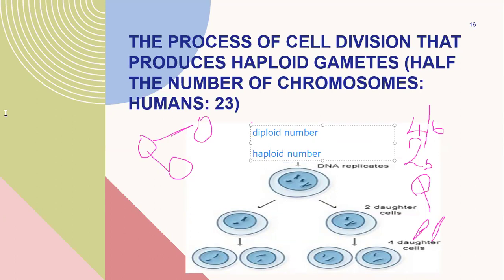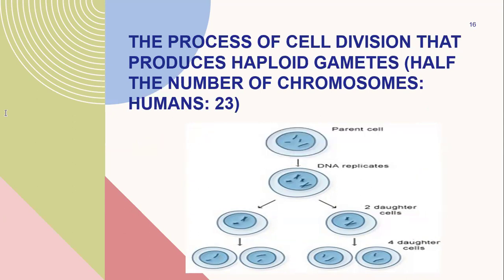So let's take a look at how meiosis occurs or what's taking place in meiosis. So meiosis has got two divisions in it. That is meiosis 1 as well as meiosis 2. In the first division, we have a reduction in the number of chromosomes that are being formed in the cell. In the second division, we have those cells making copies of themselves.